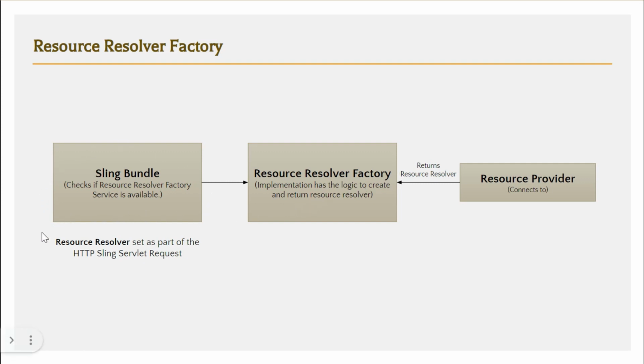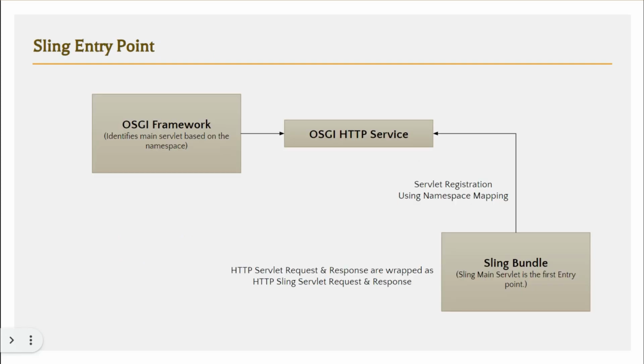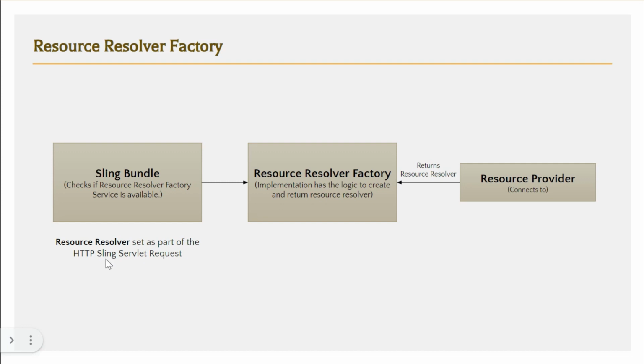And this Sling main servlet, what it does is it will wrap the HTTP request and response. So here we have the pure HTTP servlet request and servlet response, right? These two objects, it will wrap into another object which is called HTTP Sling servlet request. So it creates a new class which is HTTP Sling servlet request.